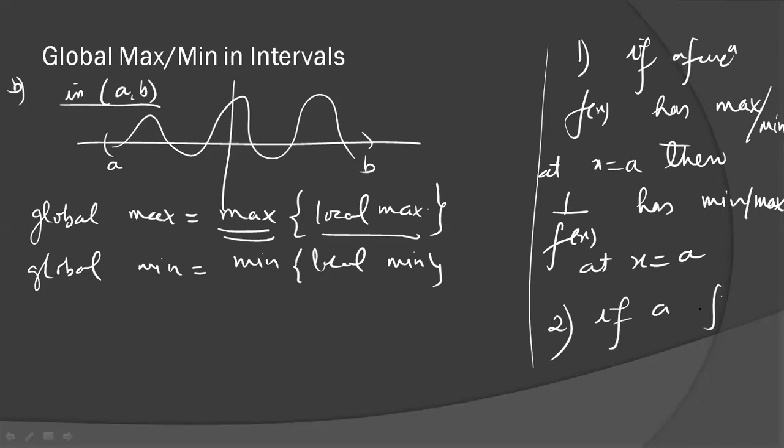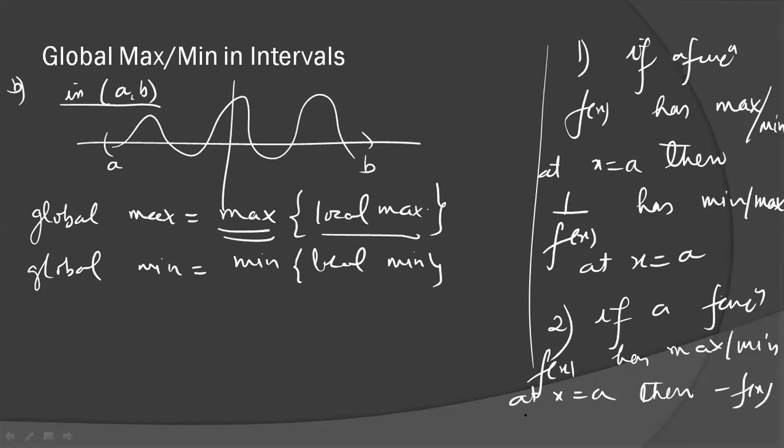If a function f(x) has maxima or minima at x equal to a, then minus f(x), if we multiply by a minus sign, has minimum or maximum at x equal to a. The nature is just changed here. So this is the theory of maxima and minima.